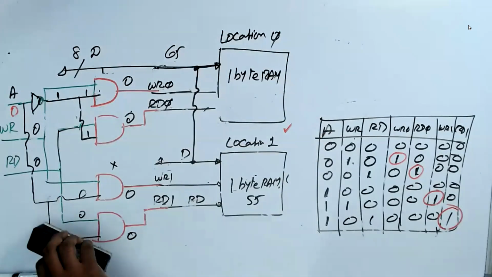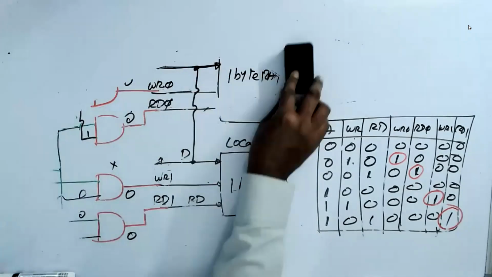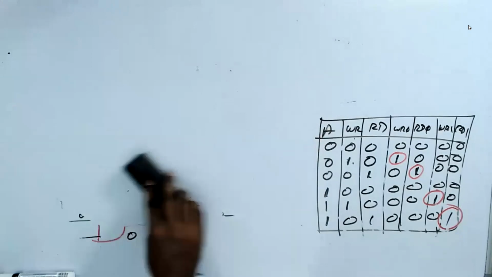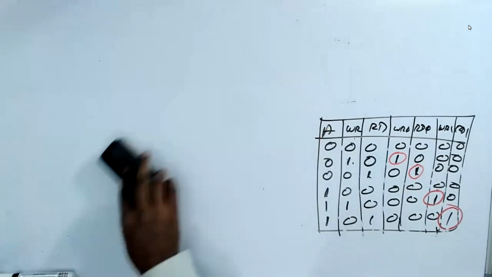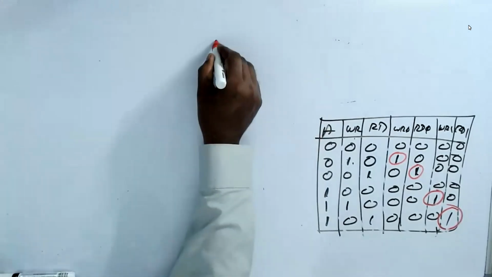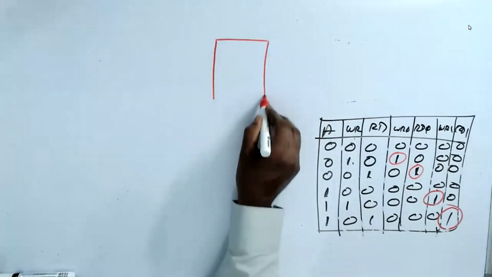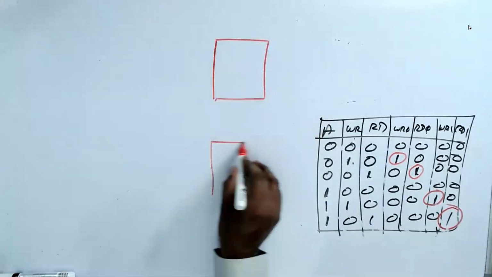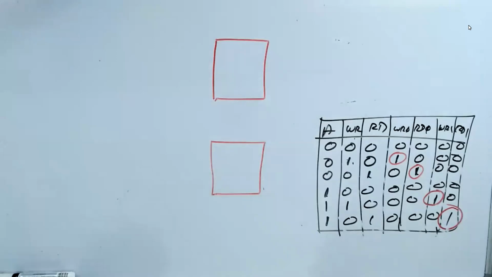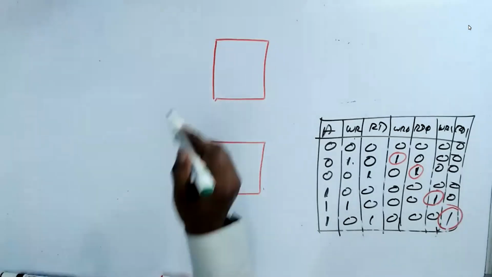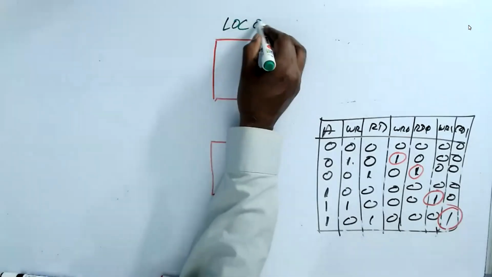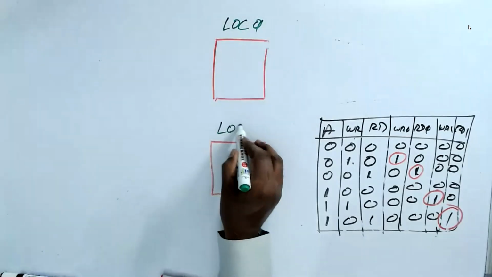Now, I'll draw this in a different way, which will make it clearer. Now I have 2 locations. Am I right? I have 2 locations. This is location 0. This is location 1.